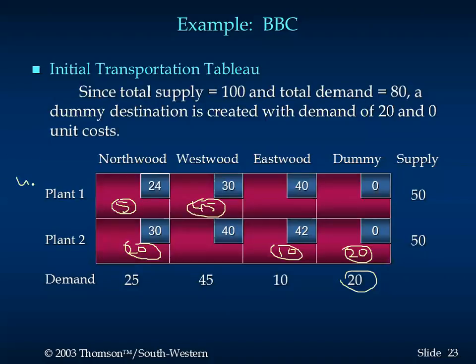So what is U1? Well, we always start with U1 equals 0. V1 becomes 24. Here, U2 becomes 30 minus 24, which is 6. Here V2 becomes 30 directly. V3 now becomes 42 minus 6, which is 36.